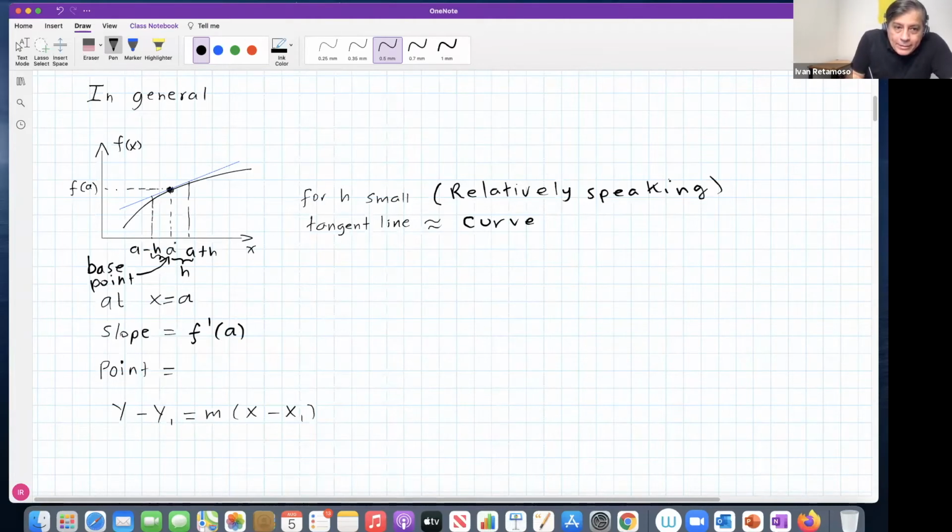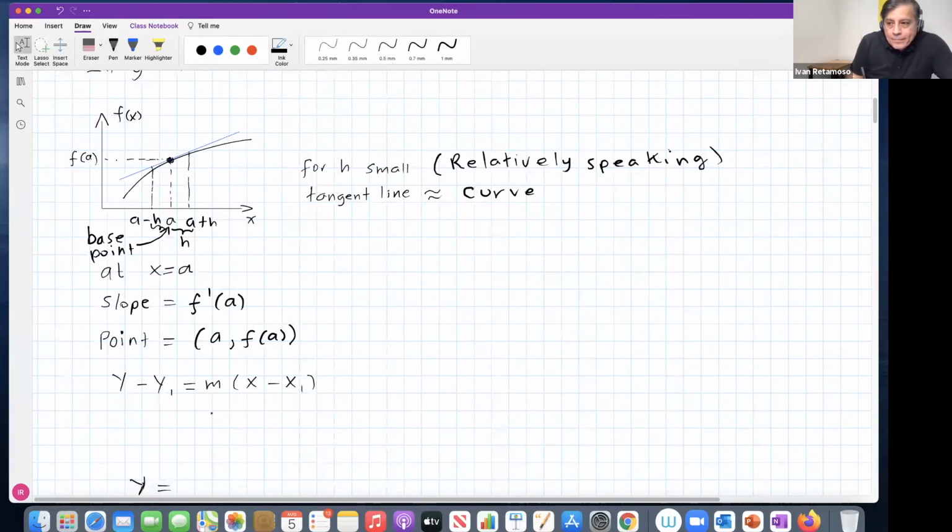And the point will be a comma f of a, right? A's partner will be f of a via the function. Now, with a slope and with a point, we can figure out the equation of the line, the equation of this tangent line in general. So what will that be? y minus y1 equal to the slope multiplied by x minus x1, point slope form.